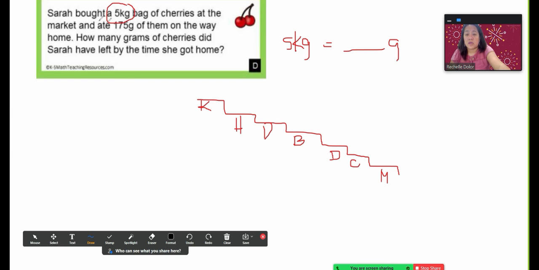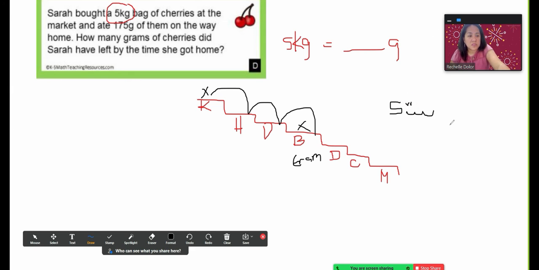Okay, so I have here now 5. This is kilogram, and I make it in gram. Gram is the basic base unit for weight, right? So I need to move here 1, 2, 3. So therefore I have 5 here. This is a decimal point. I move it 1, 2, 3. So the answer is 5,000.